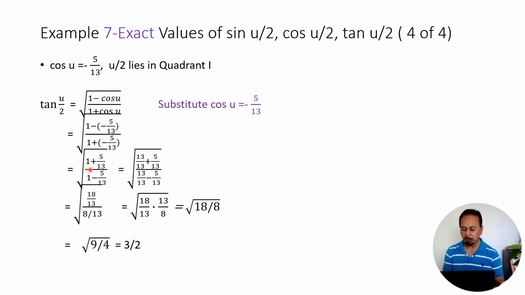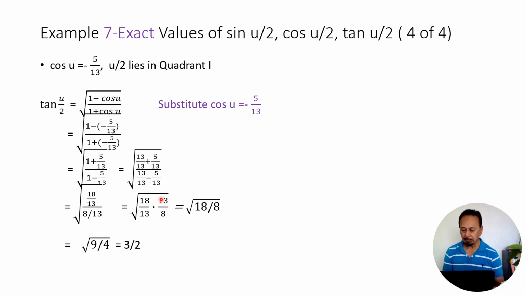Now we can convert 1 into 13 over 13, convert this one into 13 over 13, and now we simplify. 13 plus 5 is 18 over 13, and the bottom 13 minus 5, 8 over 13. Now we simplify, so the square root of 18 over 13 times the reciprocal of 8 over 13 becomes 13 over 8.